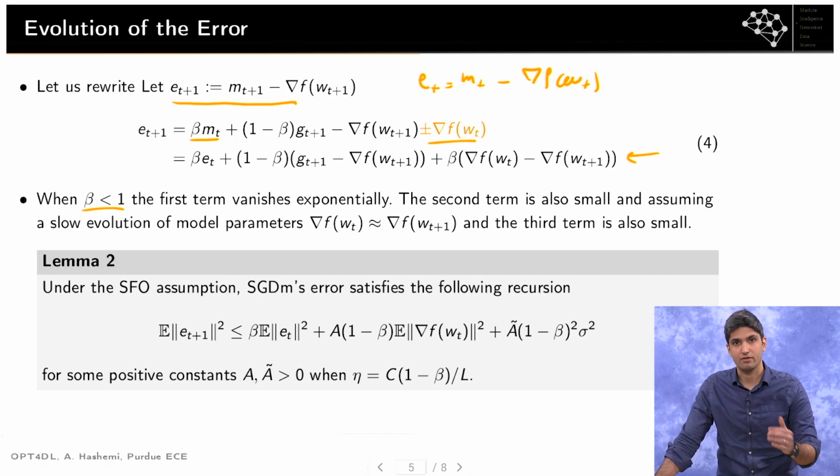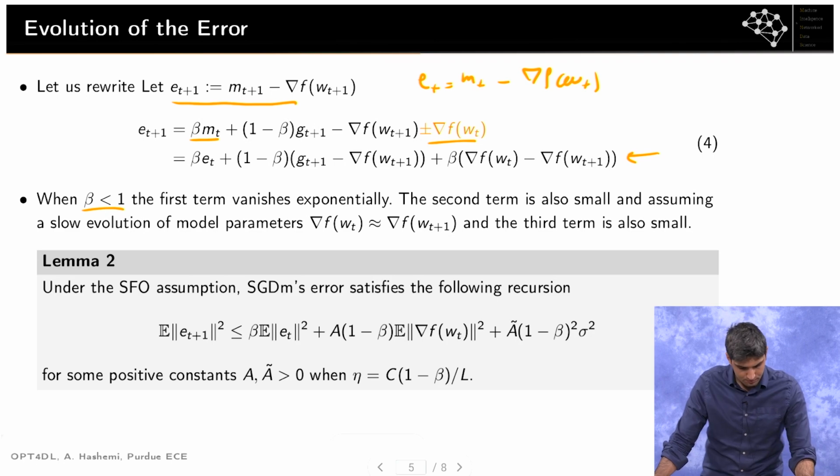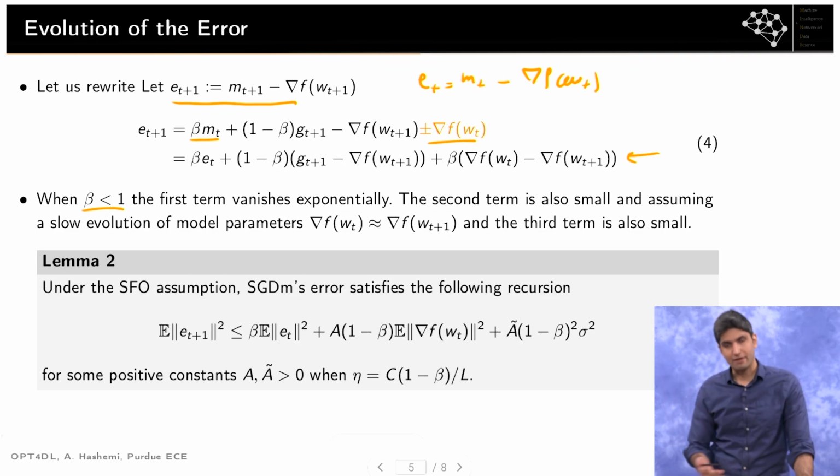If the momentum is 0.9 and the initial error is 1, the next error would be 0.9, the error after that would be 0.81, and so on and so forth. So a very rapid reduction in the error. But unfortunately, we have two other terms. If I want the error to be small, those two other terms should also be small.